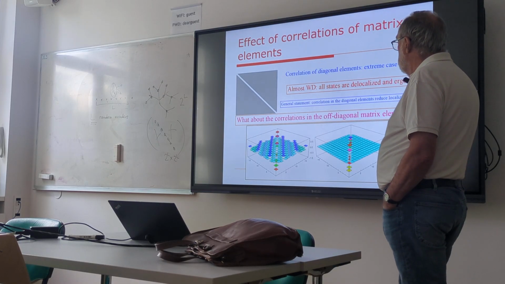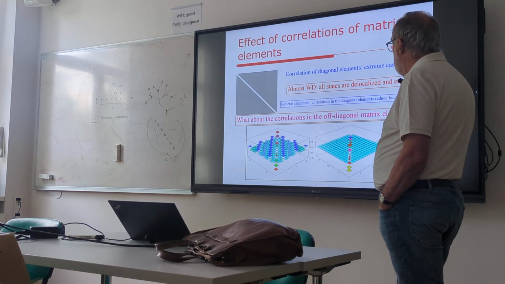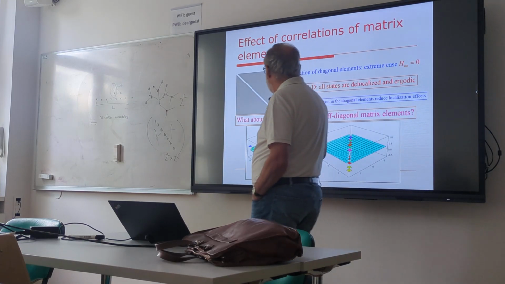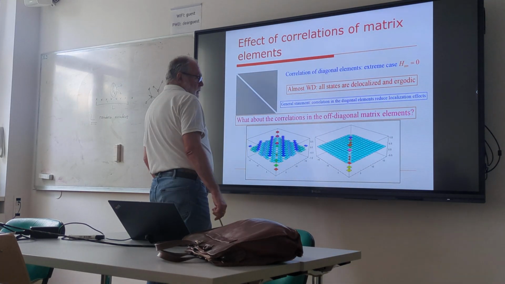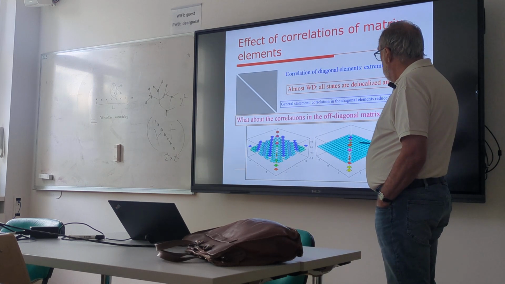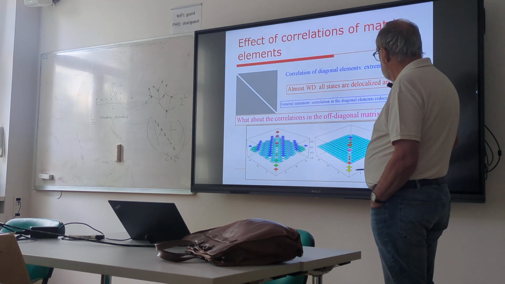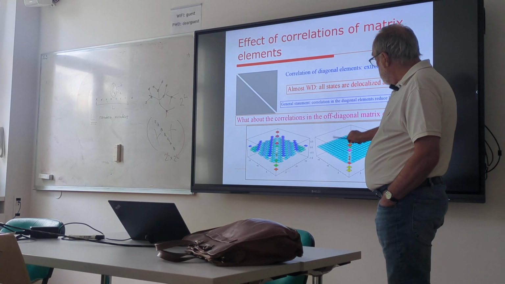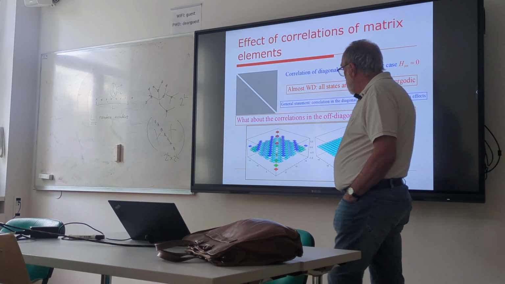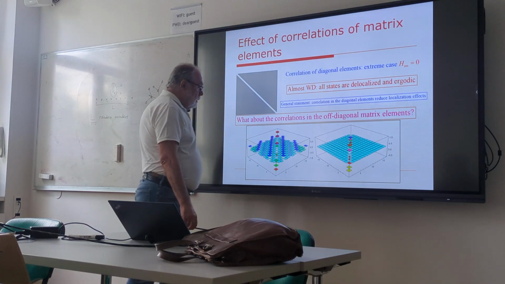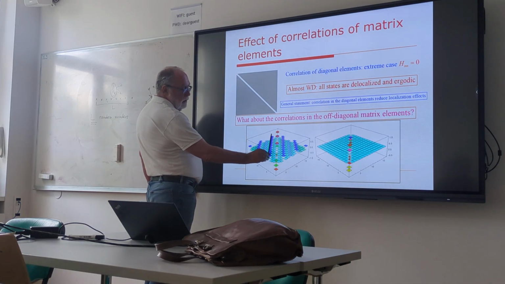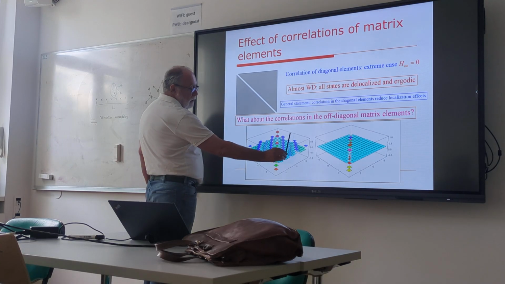But then I can ask a question. What happens if I make correlation in the off-diagonal matrix elements? So, for instance, I can do the following. In all the models that I considered so far, the off-diagonal matrix elements fluctuate independently. But what I can do, I can, for instance, consider them correlated along a diagonal.